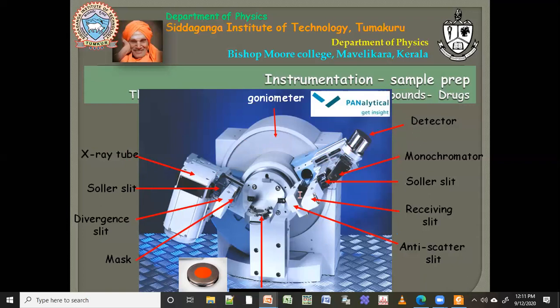When these two wheels move, one is moving clockwise and the other anti-clockwise. So when the first wheel is moving, your X-ray tube is moving, and when the second wheel is moving anti-clockwise, the detector is going up again. In this way you can change the theta and 2 theta. This is your modern diffractometer.